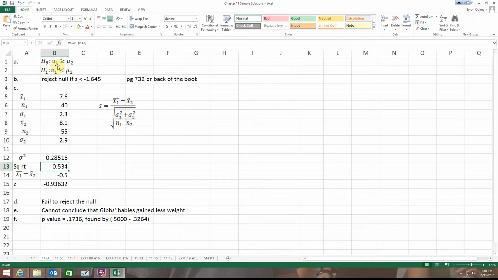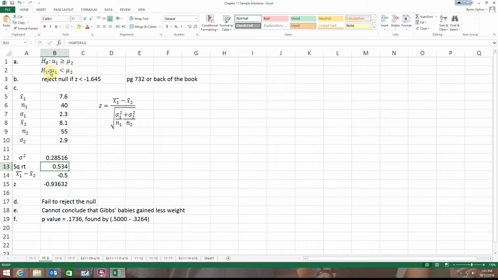Again, I like to go to the alternate hypothesis, and most often that significance statement says, can we conclude the babies using the Gibbs brand gained less weight? So I can say the alternate is that mu1, which is the Gibbs mean, is less than mu2, which makes our null hypothesis that mu1 is greater than or equal to mu2, and that's always the case as you're stating these hypotheses.